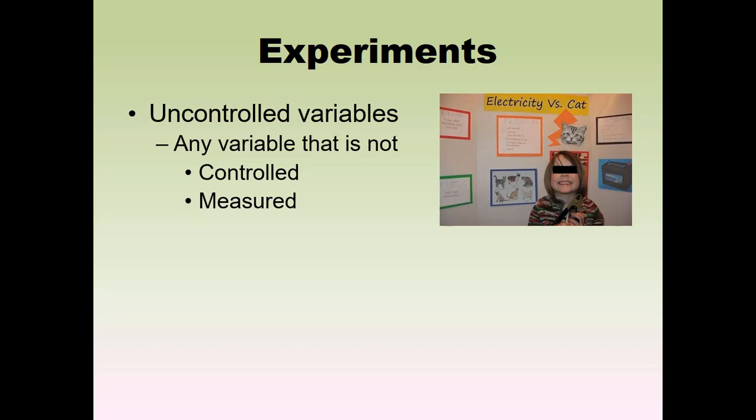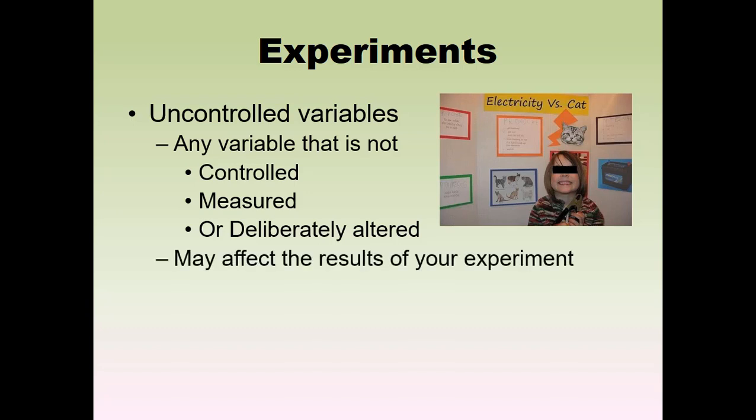So we're not deliberately keeping it constant, we're not collecting data on it, and we're not altering it. So these can actually lead to variances, and these uncontrolled variables certainly could affect the results in our experiment.